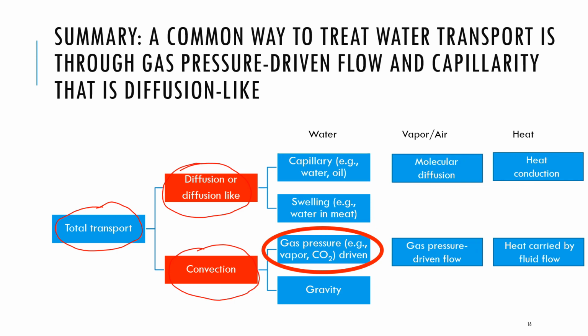That would be the convection part, and then the capillarity, which we started off is looking like convection, then we moved it into diffusion for this special case of unsaturated flow where the capillary pressures are quite high, and therefore capillarity can be written as diffusion-like. So you have one that is diffusion-like and the other that is flow-like. Together it makes up for the transport of water through the food as porous media.